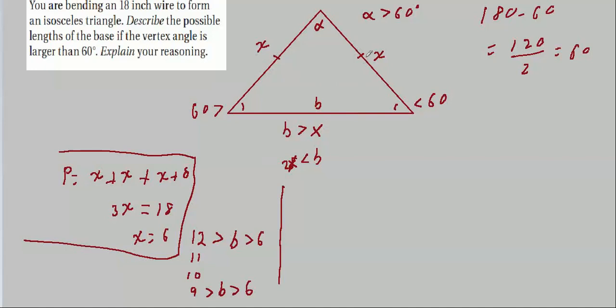And that leads us to an interval between 9 and 6 that'll work for b. It has to be greater than 6, because that's what we got when we set them all equal. And it has to be less than 9, because that's where the triangle inequality leads us. I hope you got all that.